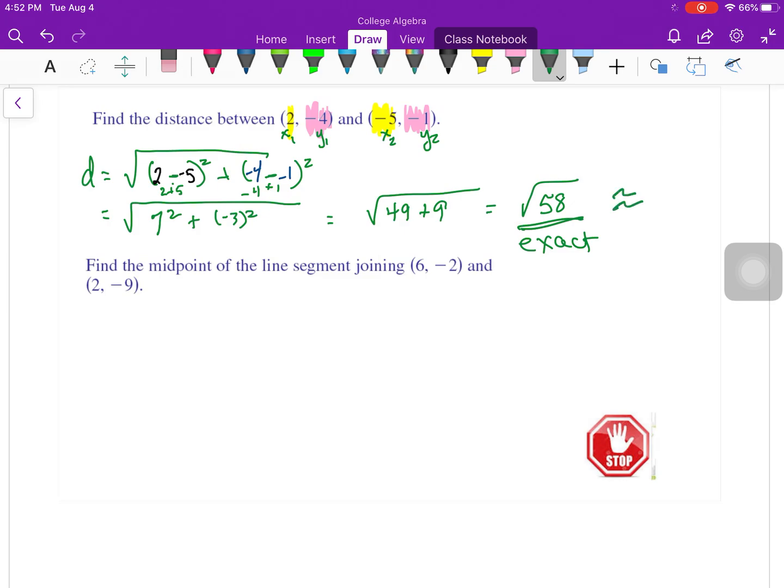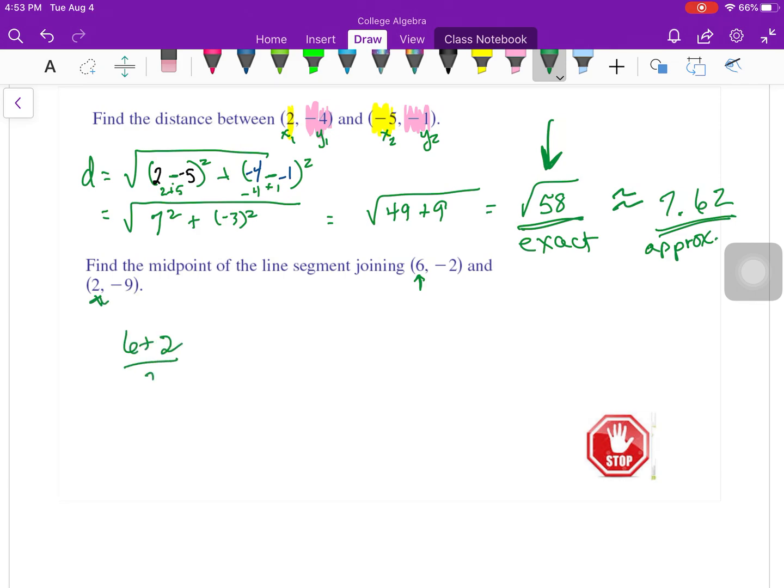So that does not simplify. So this is the exact value of the distance. The approximate value would be a rounded version. So if you put in your calculator square root of 58, you should get about 7.62. So this is a rounded approximate answer. Anytime we want exacts, we want you to leave it in radical, simplest radical form.